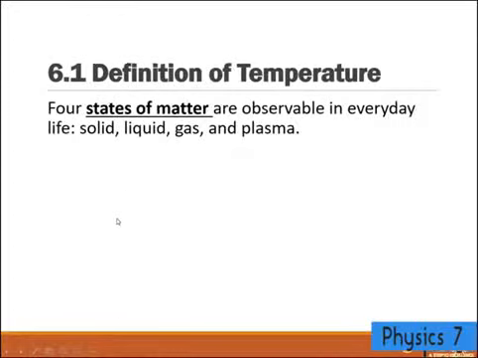So let's begin now by looking at a definition of temperature. In order to understand temperature and its definition, we need to really look at the four states of matter. These are states that you observe in everyday life, and these are solids, liquids, gases, and also plasma to some extent.